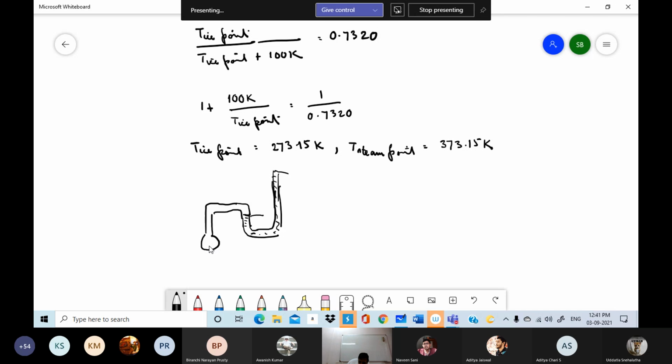Now let me extrapolate the graph and find the extrapolated temperature at zero pressure. When they did that, they found that the extrapolated value at zero pressure turns out to be the same for all gases. So that was defined as the ideal gas temperature.